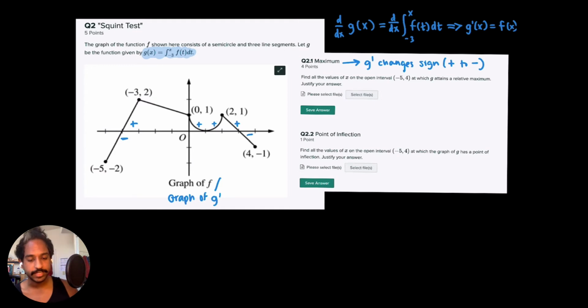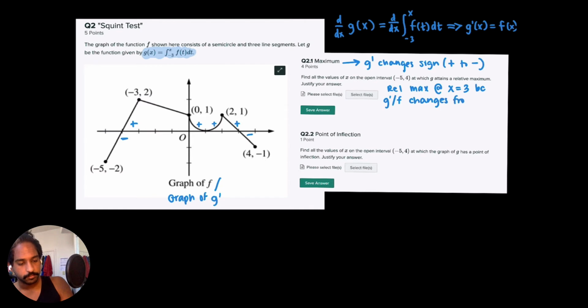And so we can safely say there's a relative max at x equals 3 because g prime, or f, changes from positive to negative at x equals 3. Because again, we care about the derivative, but in this case, this graph is our derivative graph.